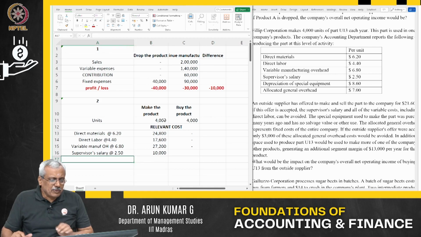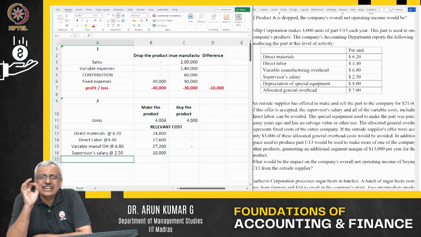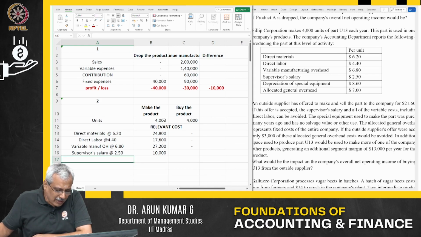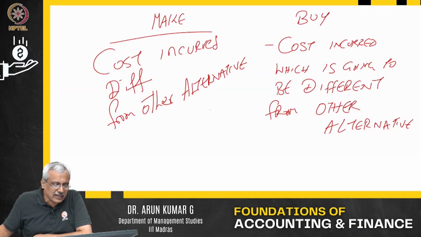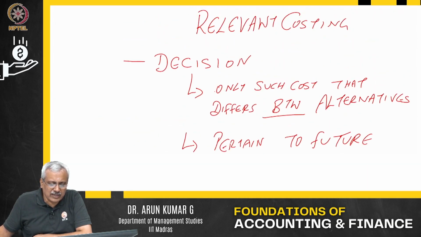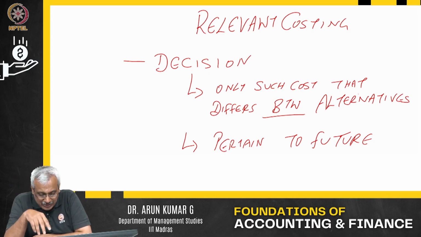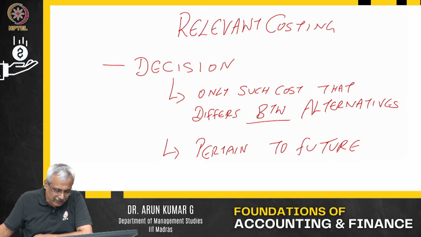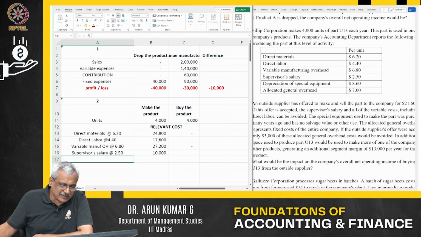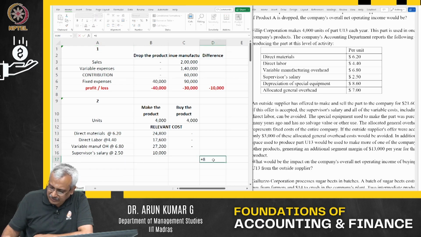Now, the next one, depreciation, is an irrelevant cost. Why? Number 1, does it differ between the alternatives out here? It is the same between the two alternatives. We are looking at cost which is pertaining to the future, yes, but also relevant. Depreciation 8.6 into 4,000 units.